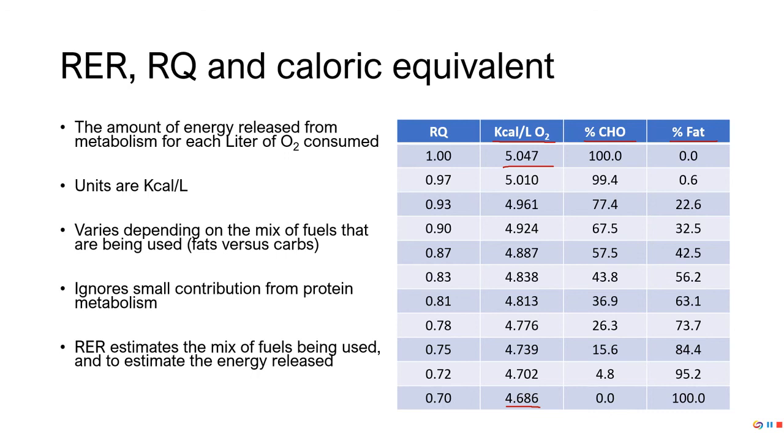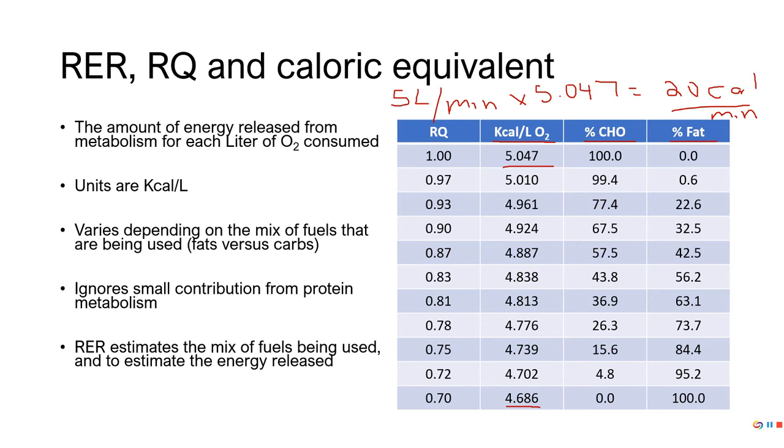So if we go 5 liters per minute of oxygen, we multiply that by 5.047. Okay, that's going to get us a little over 20 calories per minute. That's more reasonable. Okay, so that's something that's close to max. All right, so just to give you an idea.